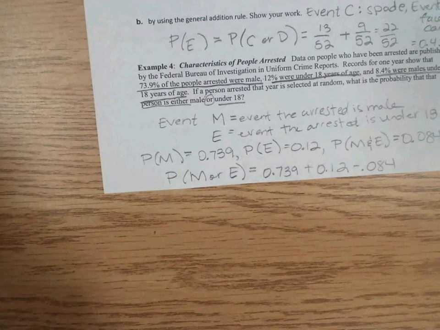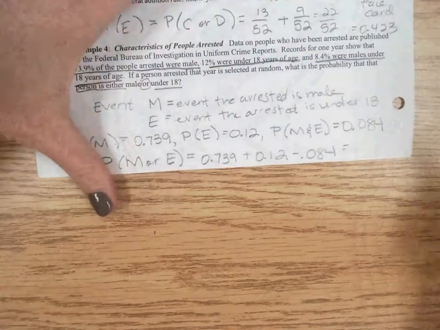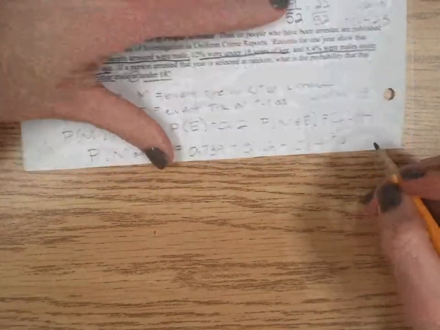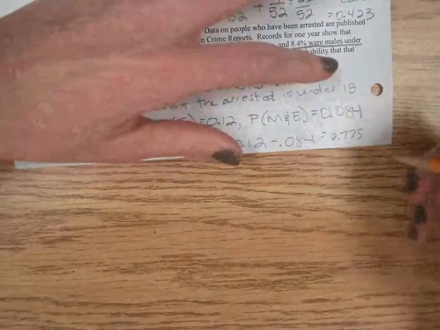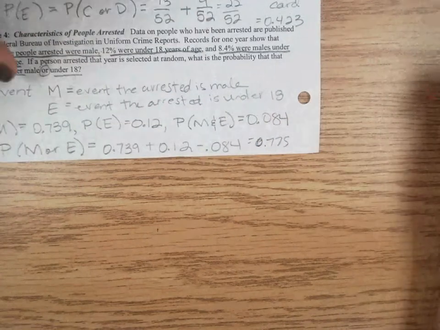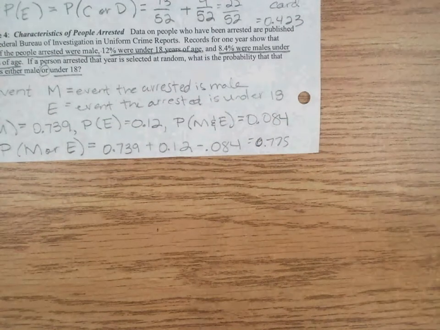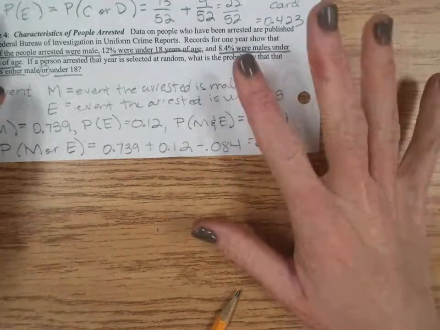Get out your calculator and go ahead and calculate that. And we get 0.775, which is 77.5%, would be either male or under the age of 18.